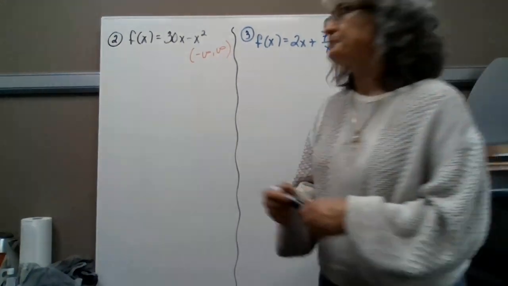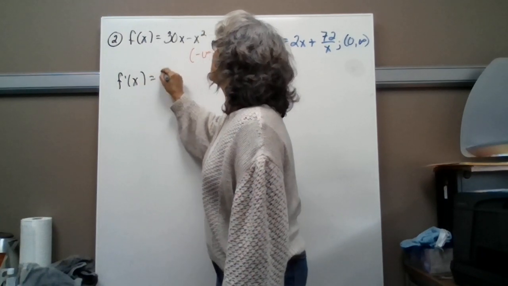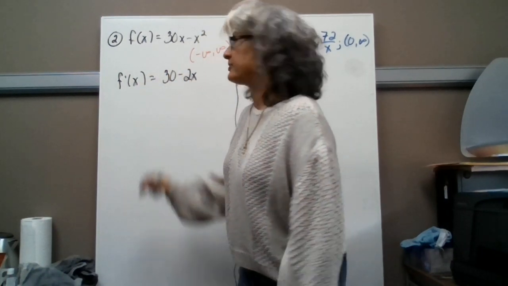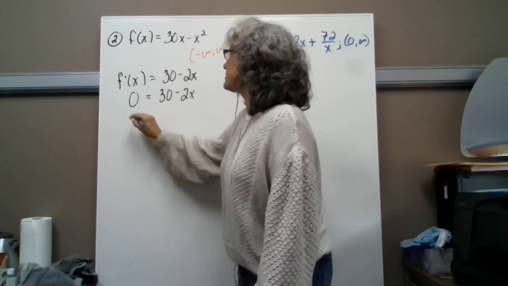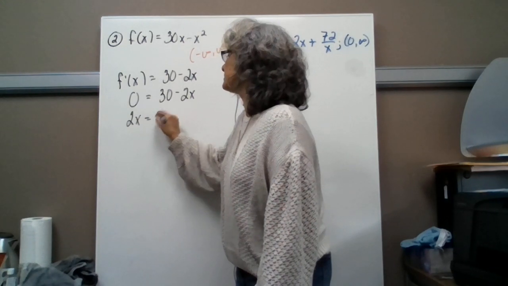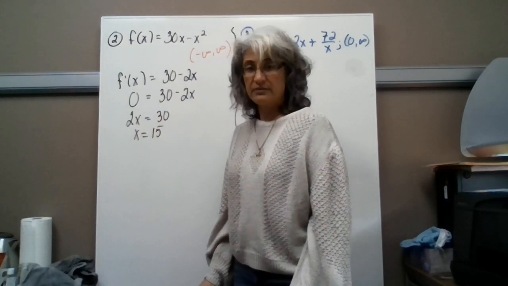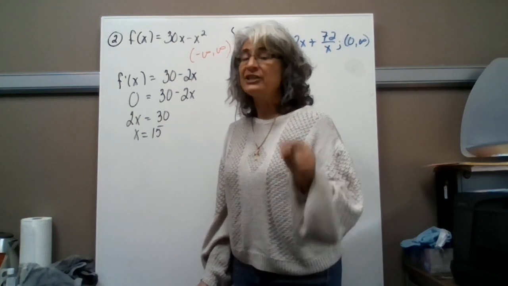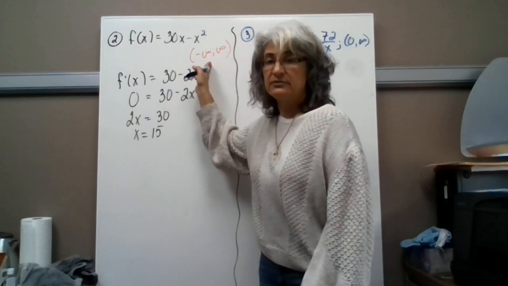So, first derivative is going to be 30 minus 2x. To find the critical value, set it equal to 0. Solve. With me? Now, Theorem 9 also says there must be exactly one critical value in this interval.